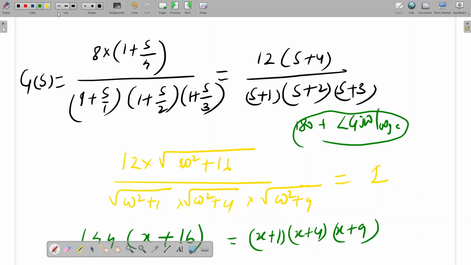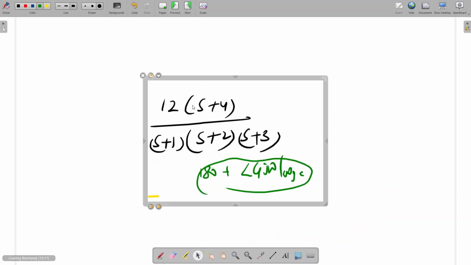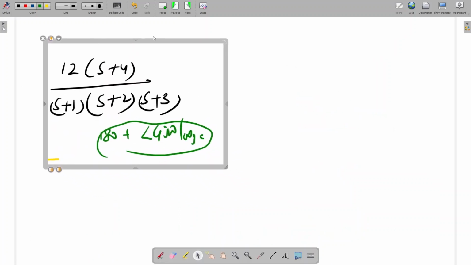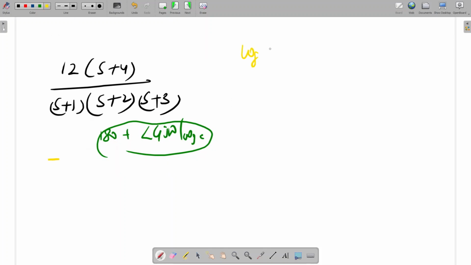Okay, wait. I'll put this in the next. So this is our transfer function, and omega GC we got almost 3.5, right? Yes, sir. So at omega equal to 3.5, we have to find the angle.